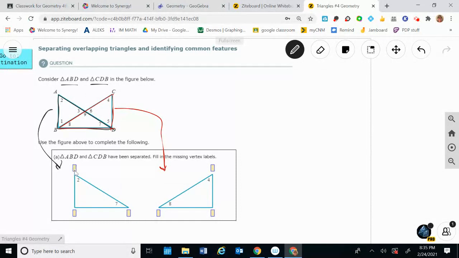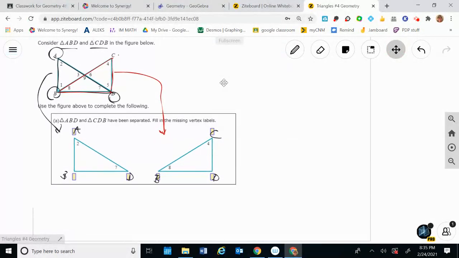So this is going to be A, because A is here, B is here, and D. And this one is going to be B, C, D. And now if they ask you on this triangle, do they share a common side? And the answer is yes, they do. They share BD. Do you see it? It's right here. So these guys do share a common side.